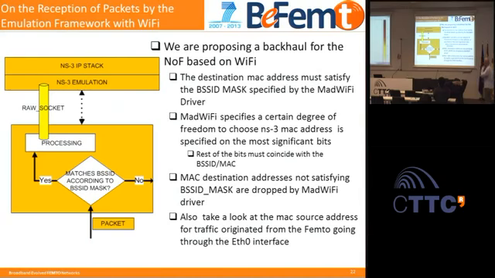Okay, so as we are on a Wi-Fi backhaul, how do we get the packets into the NS3 node running on the application of the wireless home node B? Basically, we have to filter the packet here by MAC destination address, so that there are some packets that are going to be processed by the real home node B, and other packets are going to be directed to the NS3 application.